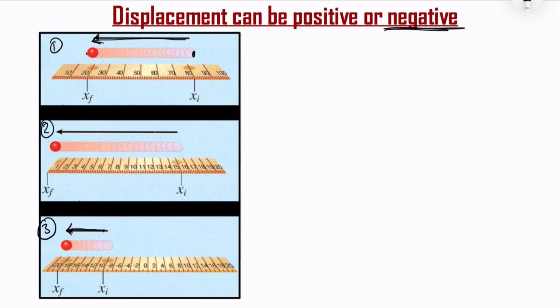I will support this information with the formula. What is the formula of the displacement? Delta x equals x final minus x initial. Now, x initial is 80. It moves from the point 80 to the point 20. So this is the initial position and this is the final position.